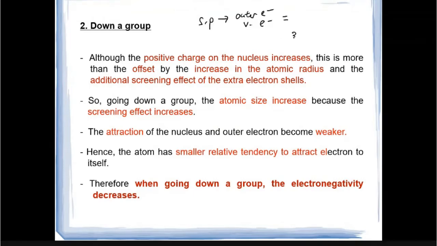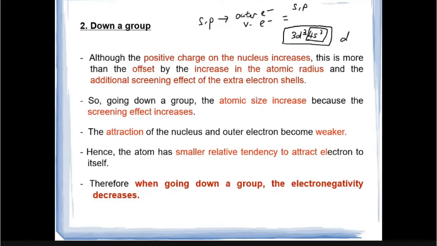Why? Because for example 3d3 and then 4s2. The 4s2 is referred to as the outer electron. But the question asked about valence electron for a D block element is this one. Madam ulang. Kalau bagi S block ataupun P block element, outer electron and valence electron is the same.